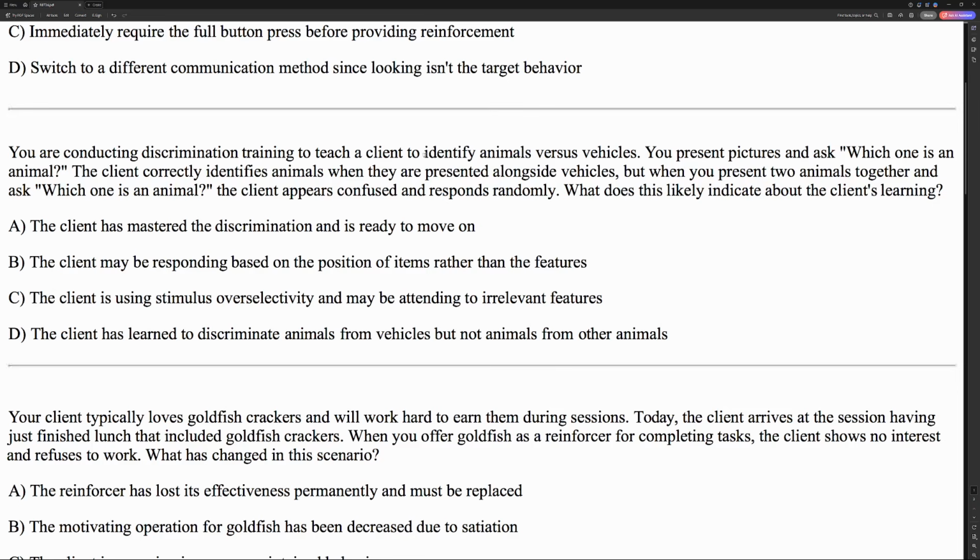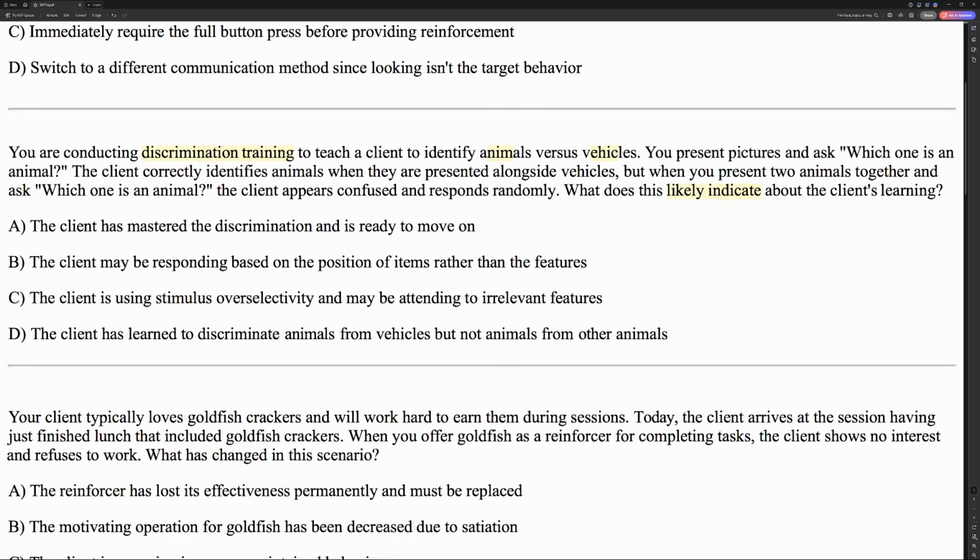All right, interesting question here. We're looking at the indicator of what the client is learning or how they're learning. Now, we know we're using discrimination training. And discrimination training is teaching someone to distinguish or identify between two or more stimuli. In this case, we're trying to teach them to identify animals versus vehicles.